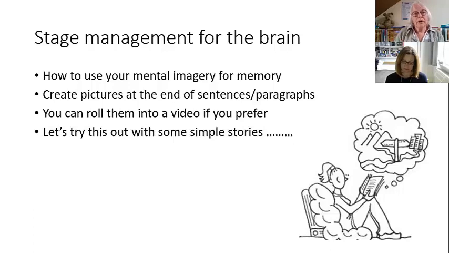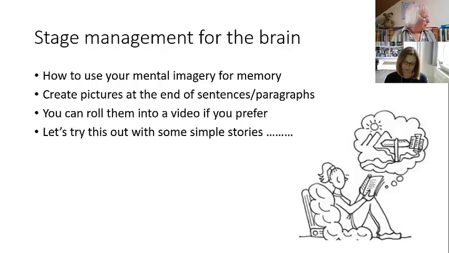Okay, so that's one way of getting, as I say, stage management for the brain. And of course, when you do this for yourself, you can just pause at the end of every sentence or every paragraph and think of a picture. You can also roll all the pictures together if you prefer to make them into a video. And let's try this out with another story.